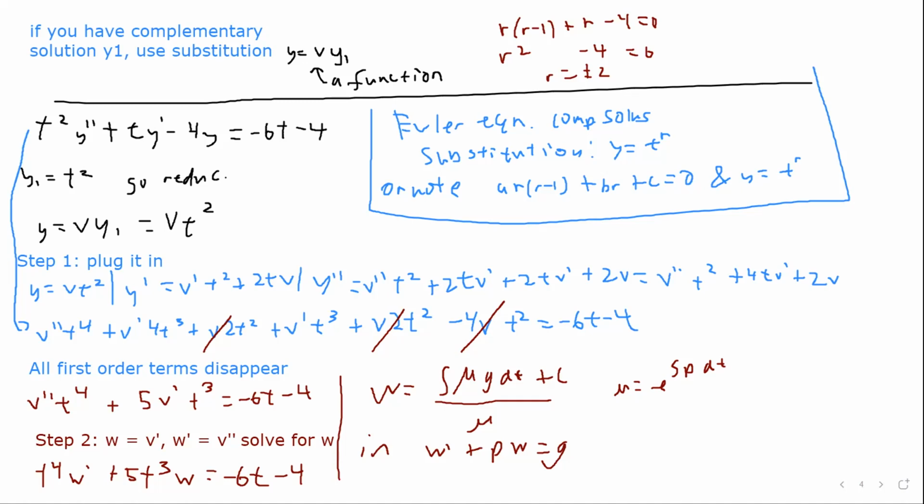We'll write it on the end first. Wait, is this Euler? No, this isn't Euler. What am I doing? Where is it?